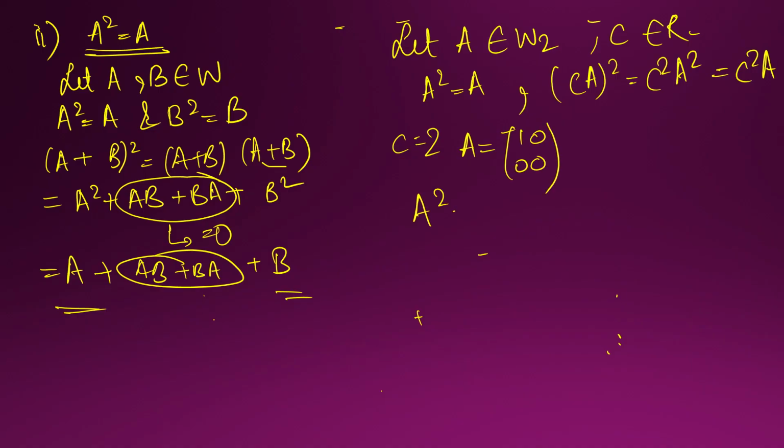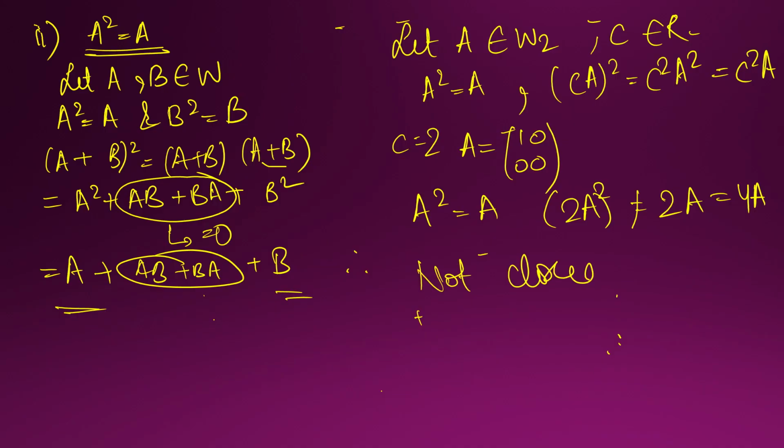So your A square is equal to A, but your 2A square will not be equal to 2A, it will be equal to 4A. Not 2A but 4A. Therefore, not closed under scalar multiplication.